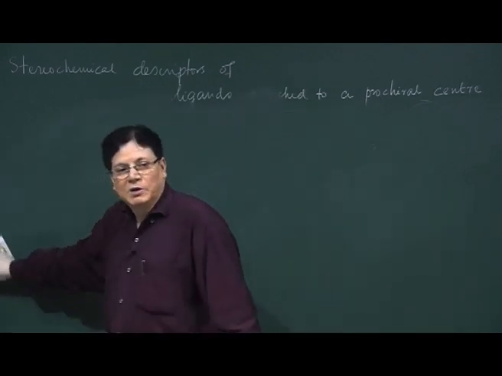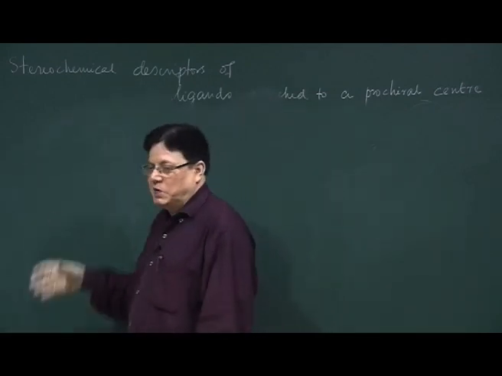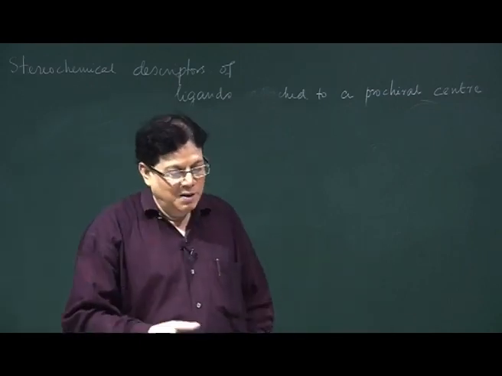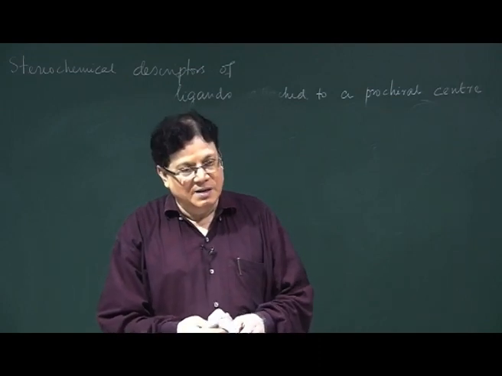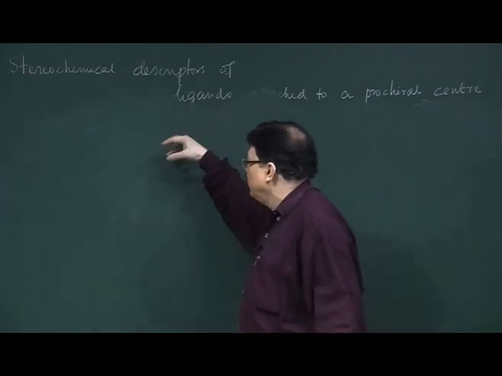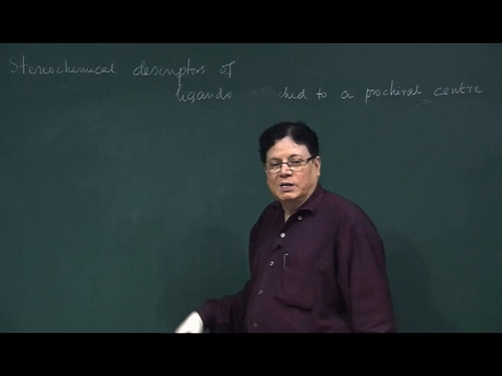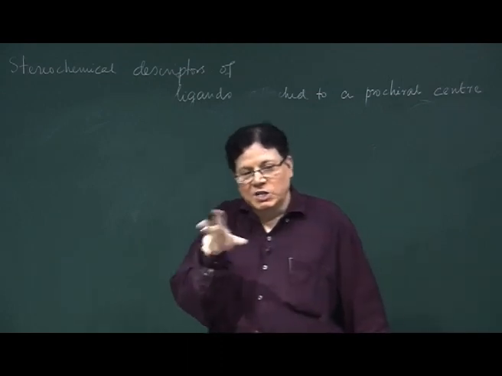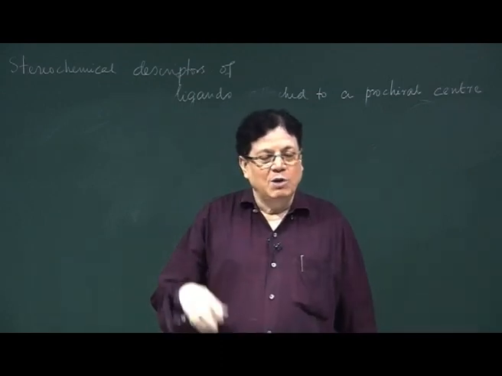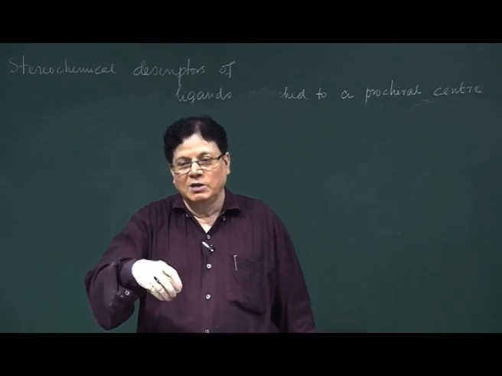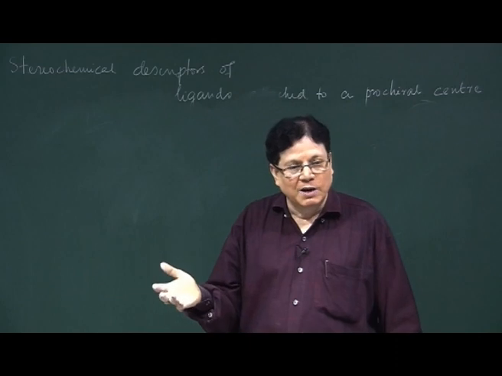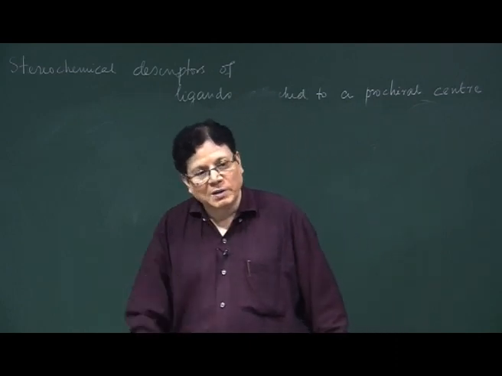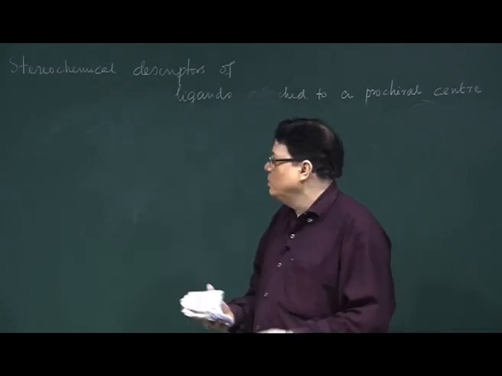This is important because there are many reactions, especially those happening in the body, where the enzymes, which are the natural catalysts, can distinguish between these hydrogens, and they will pick up either the pro-R hydrogen or the pro-S hydrogen while doing the reaction. Suppose it is an oxidation of hydrogen, then they can discriminate between these two hydrogens.